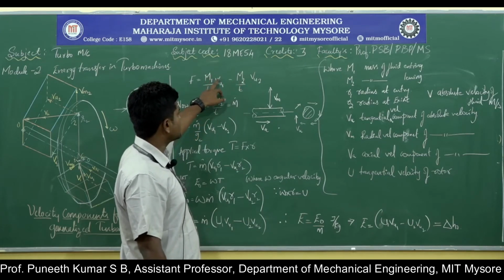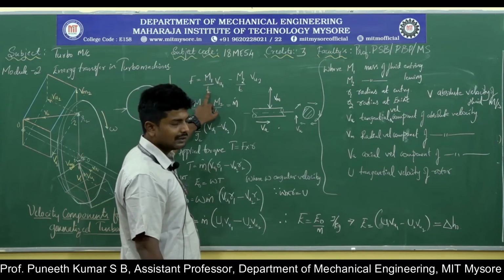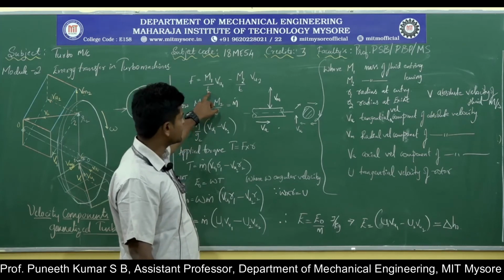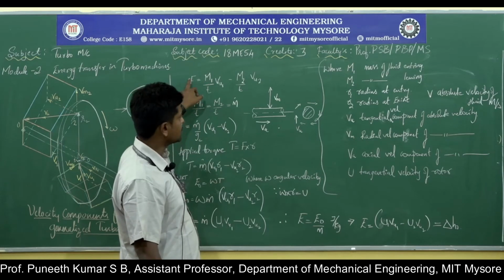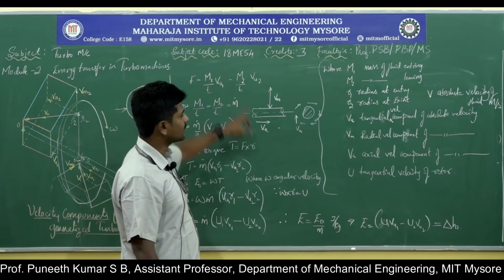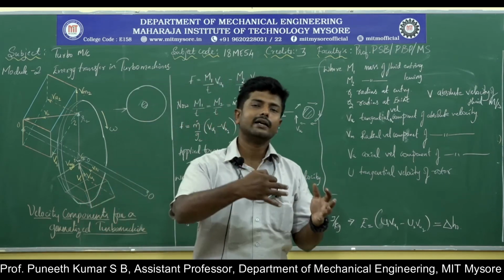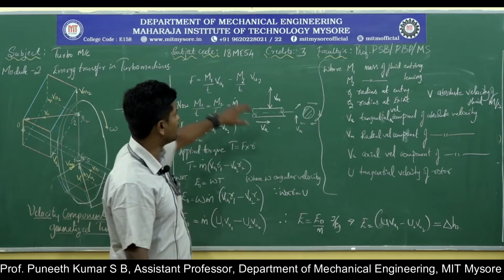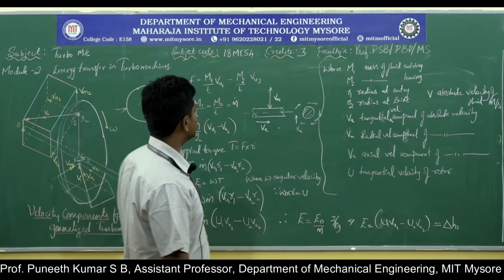Momentum by time is the rate of change of momentum. That is, the amount of force induced is the difference in rate of change of momentum between the inlet and exit of the fluid, which gives us the amount of force transfer between the fluid and machine.